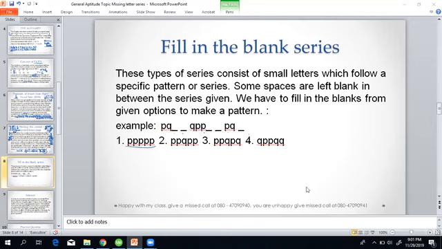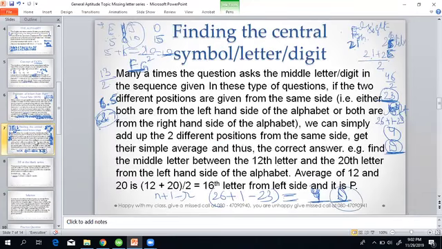Manisha, yes, actually one of the students had a doubt in this, so let me clear her doubt. N plus 1 minus r is a formula to find the position from the right hand side if the position is given from the left hand side.